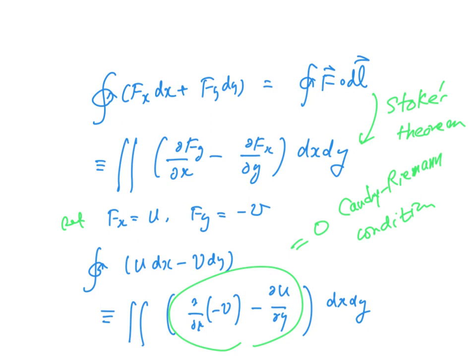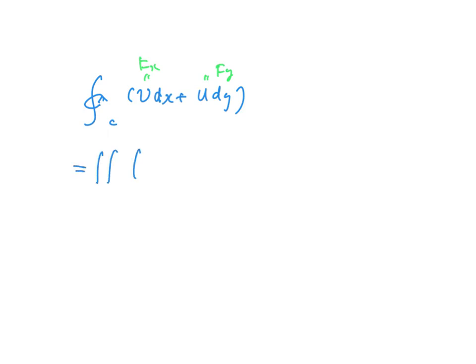How about the imaginary integral? The imaginary part becomes this, v dx plus u dy. So this is f_x, this is f_y. So again, you can transform into partial x of u minus partial y of v, right?